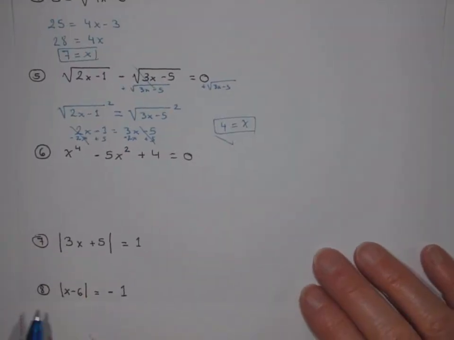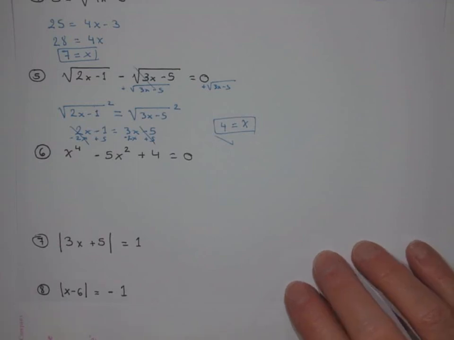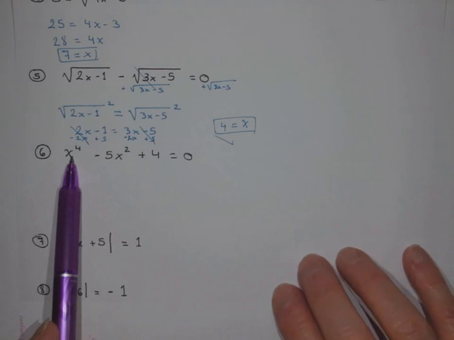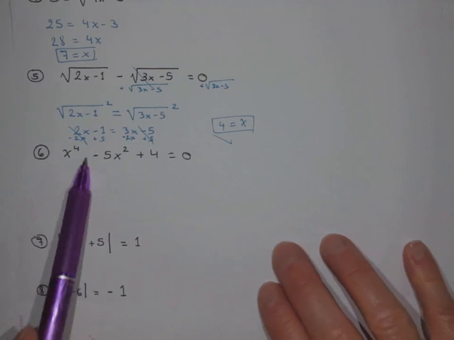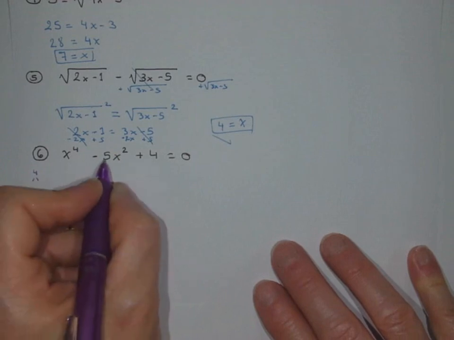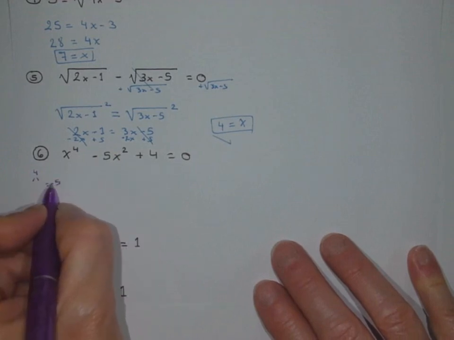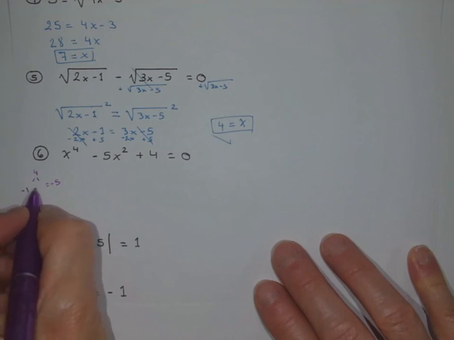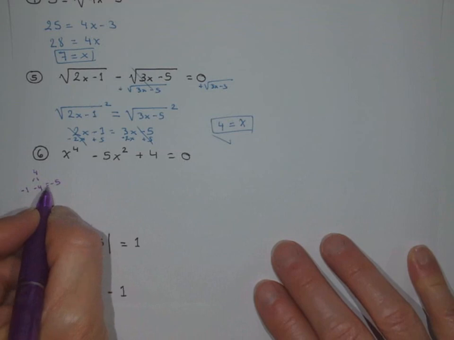Alright, we have a quartic, and when we did the factoring video, we saw that when you have even powers only, those could be factored just like mimicking a quadratic. So what can I multiply to give me a 4, add up to give me a negative 5? Well, it could be negative 1 times negative 4. That would multiply to positive 4 and add up to negative 5.